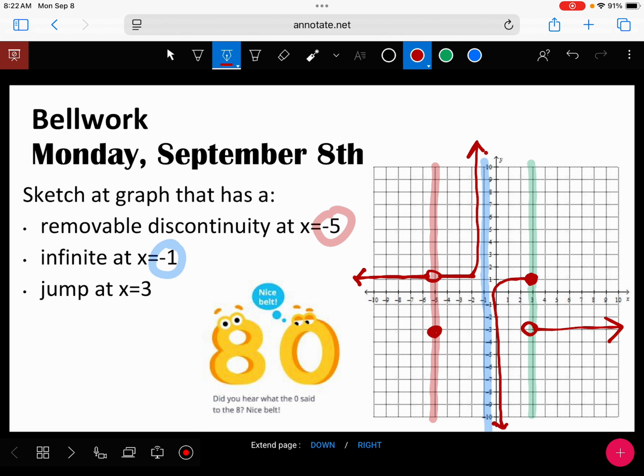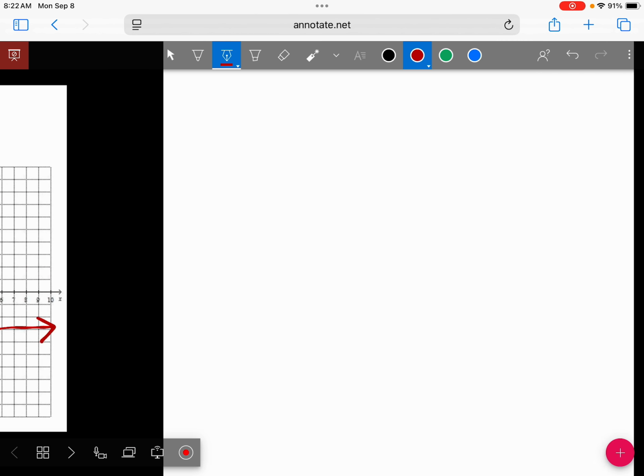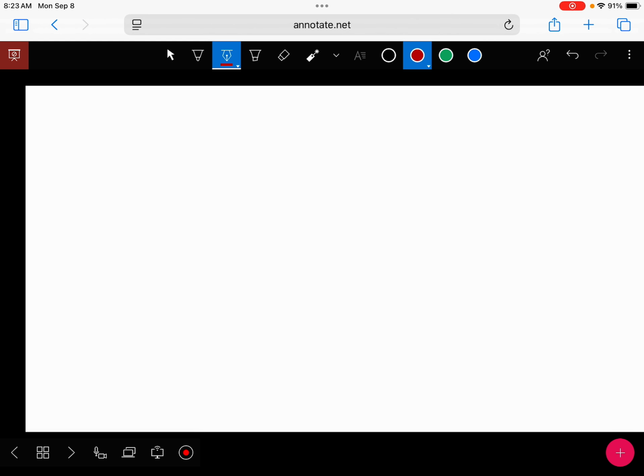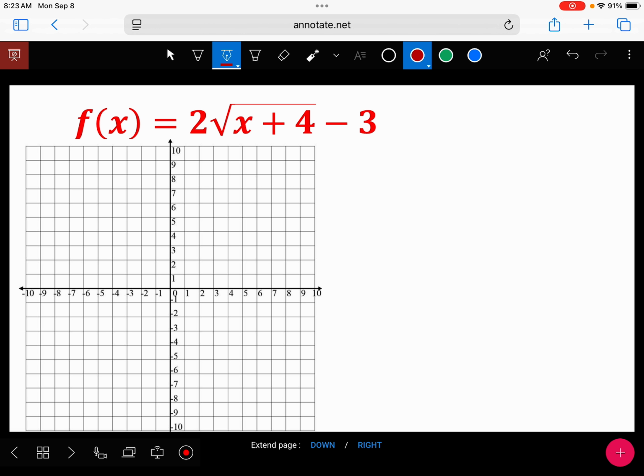So we talked about graphing a little bit Friday. The last one we're going to do before we hit our piecewise graph is a square root. So take a moment. Let's copy this function down. And let's go ahead and graph.